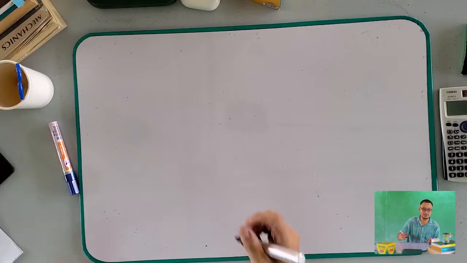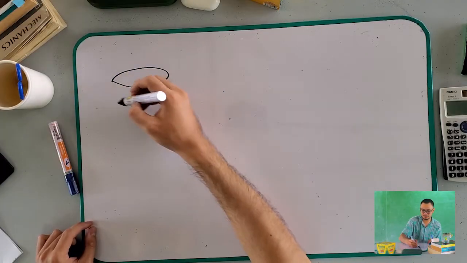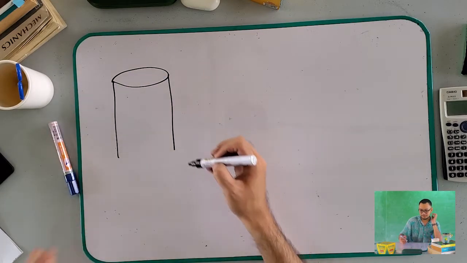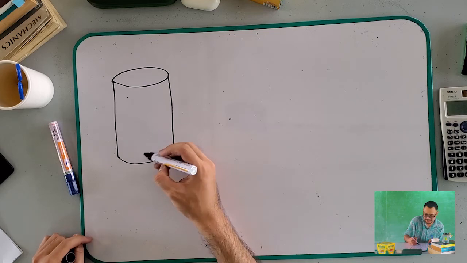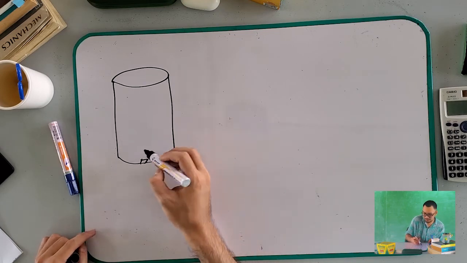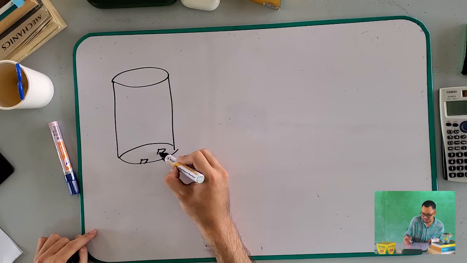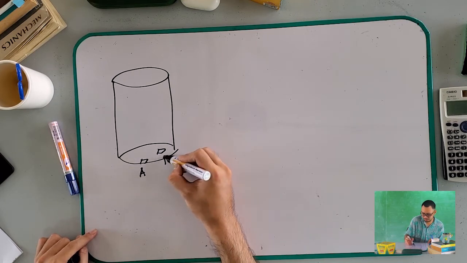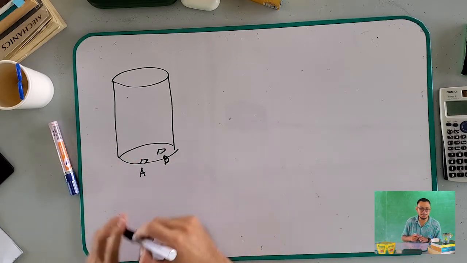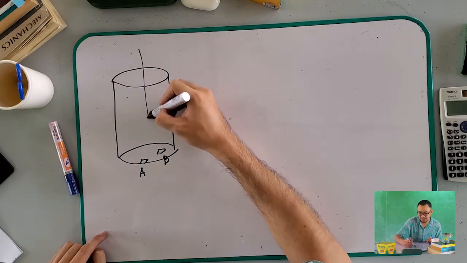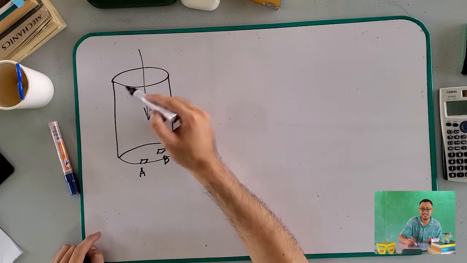So first is to draw the free body diagram. And then, kibaw man ta nga naa diri si A and naa diri si B. And kibaw ta nga kani si A ug si B ila gipas-an ang tibuok nga cylinder from the top to 0.75 feet from the bottom.